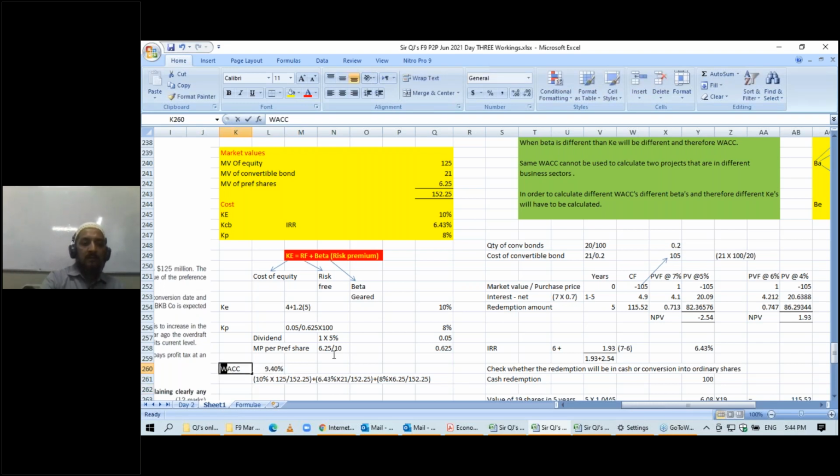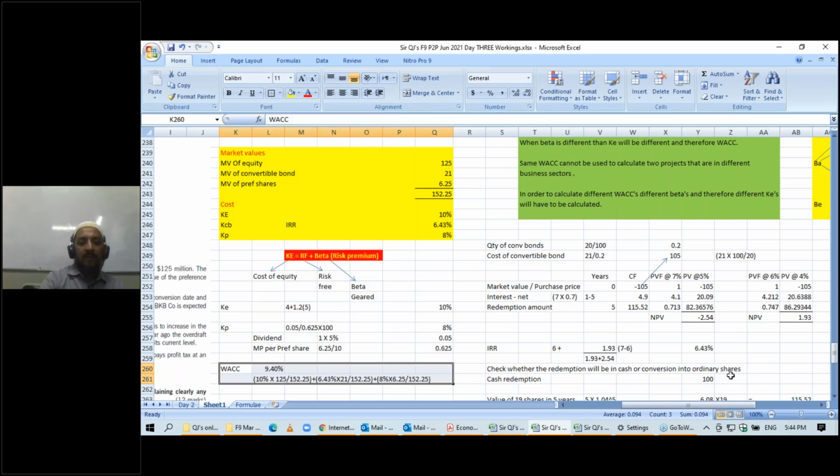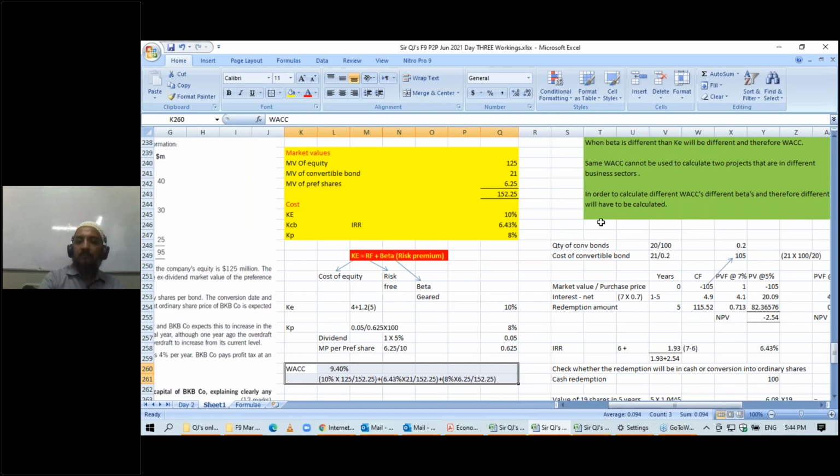So that's the WACC for this question, the weighted average cost of capital. Okay, students, this is done. Now let's do a project specific cost of equity calculation in the next question.